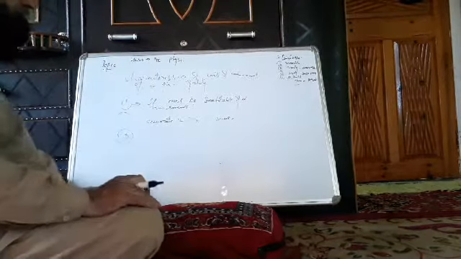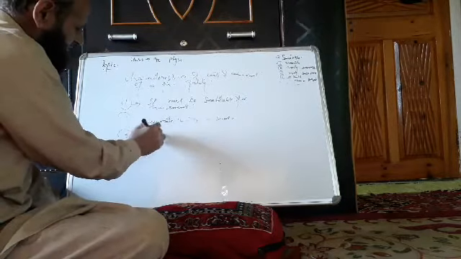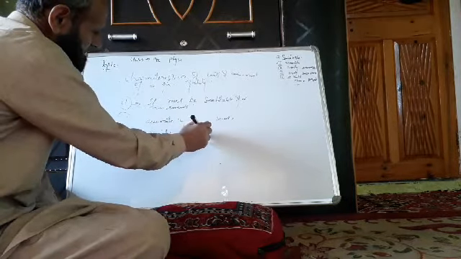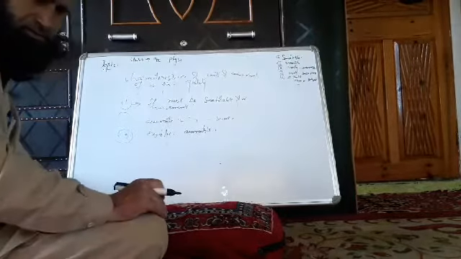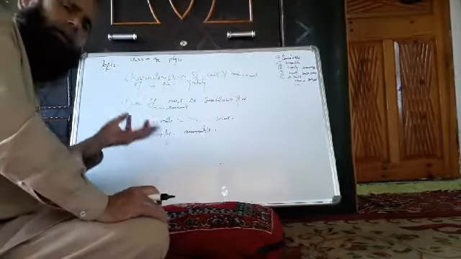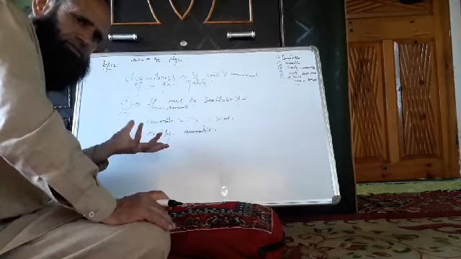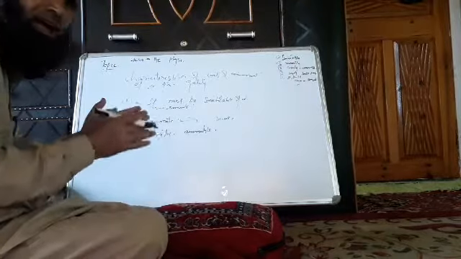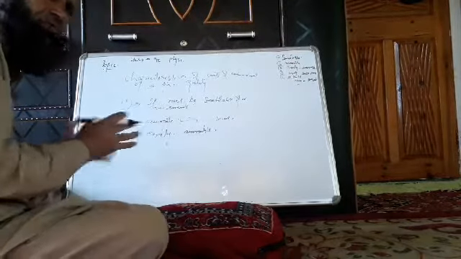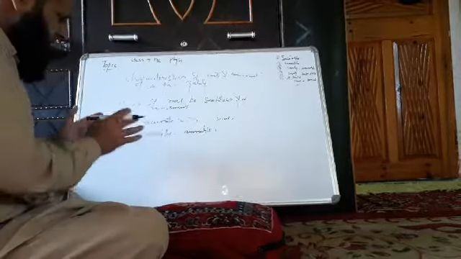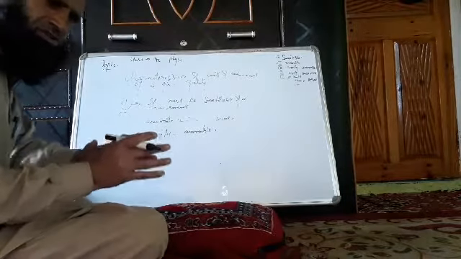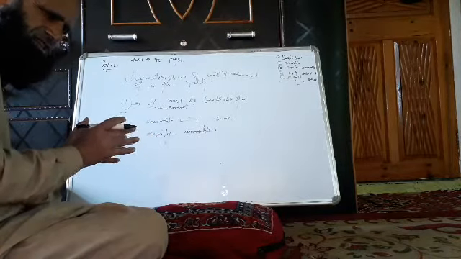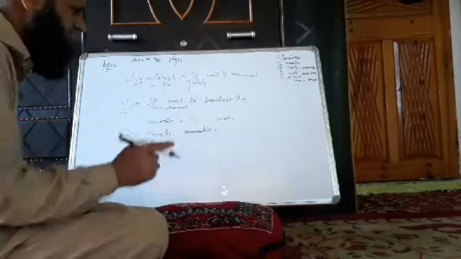Number third, it should be easily accessible. That means a poor and poorest shopkeeper should have these units of measurement, small units of measurement, and it should not be so expensive.